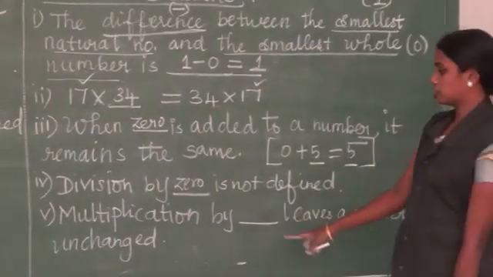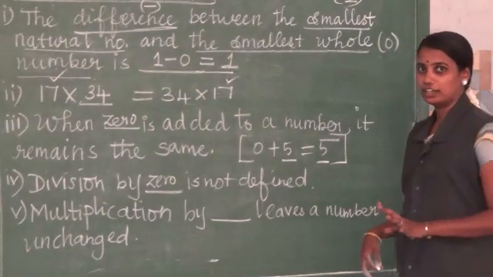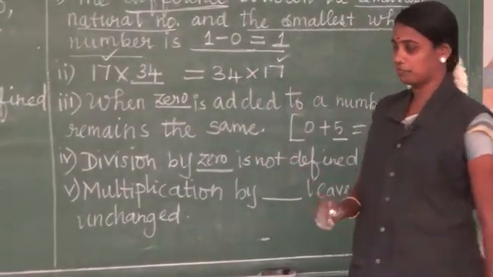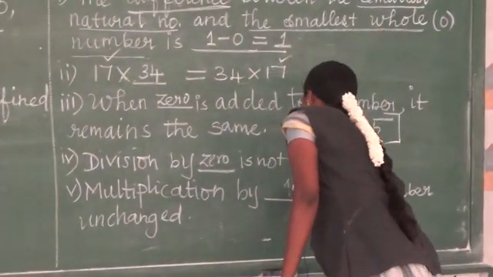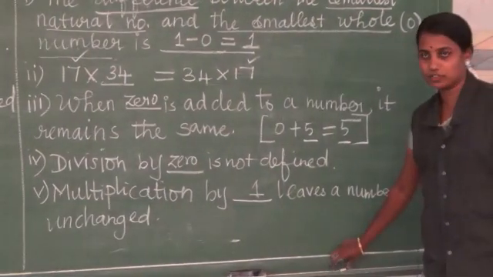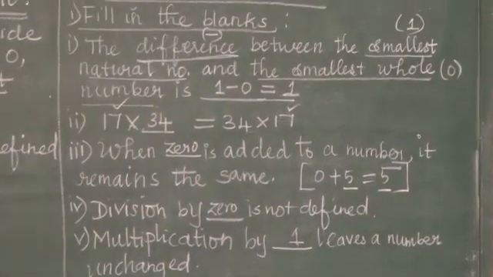Multiplication by which number leaves a number unchanged? Multiply by 1. Whichever number you multiply by 1, you will get the same number. So multiplication by 1 leaves a number unchanged. Clear, everyone? Fill-ups is over. We can go for question number 2.